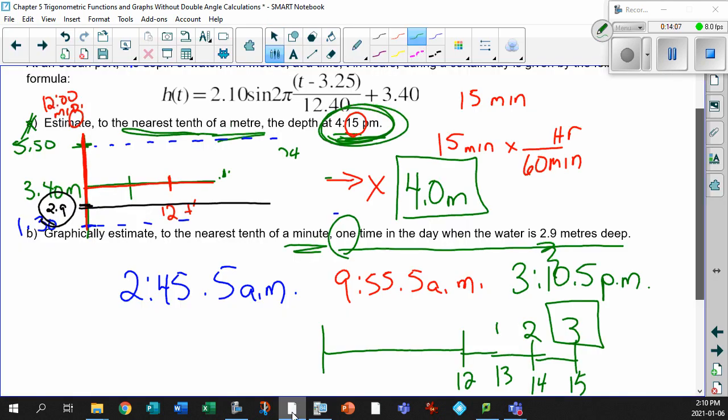Okay, so think about it. If midnight is 24, that's 12 o'clock midnight. 23 has got to be 11 o'clock. 22 has got to be 10 o'clock. Beautiful. So we're at approximately 10 o'clock, just a little bit over.